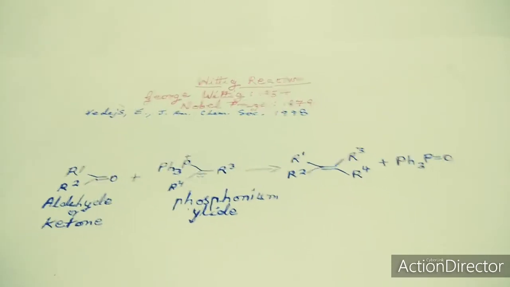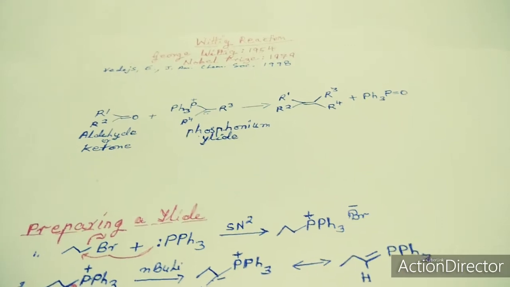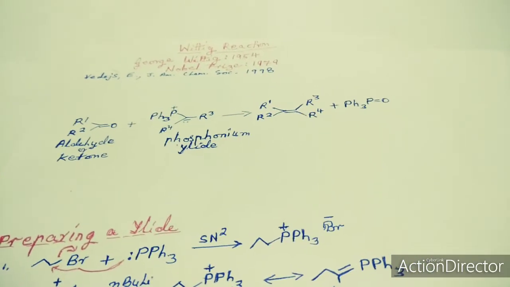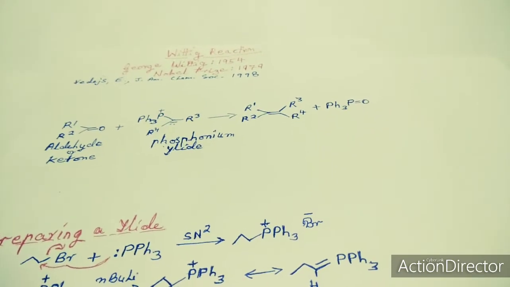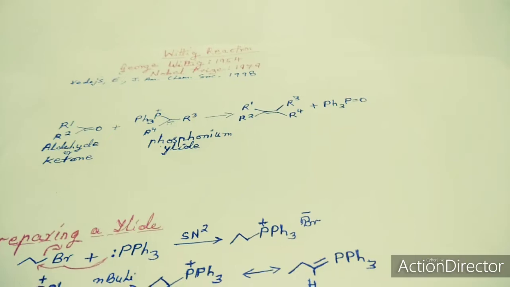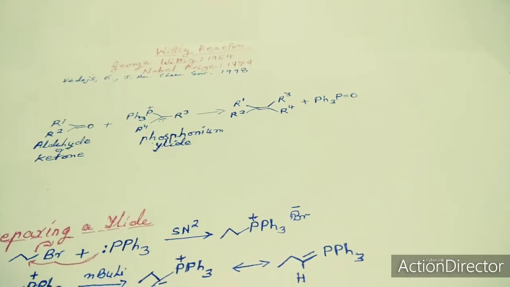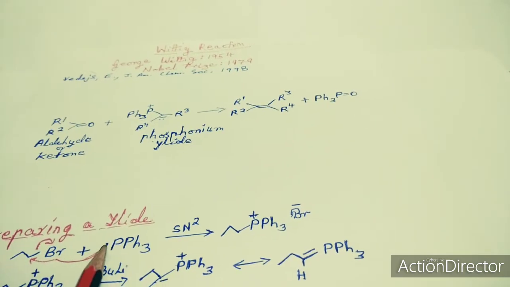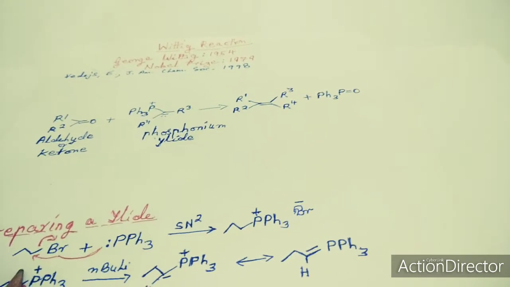Now, how does one prepare an ylide? To prepare an ylide, one takes a primary alkyl halide. This primary alkyl halide reacts with triphenylphosphine. This is an SN2 reaction because the electrons present on the phosphorus are shared by the carbon.